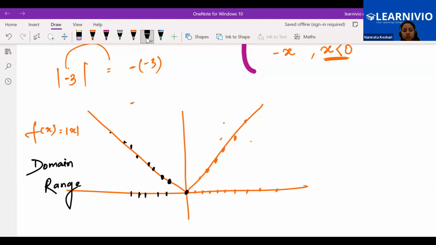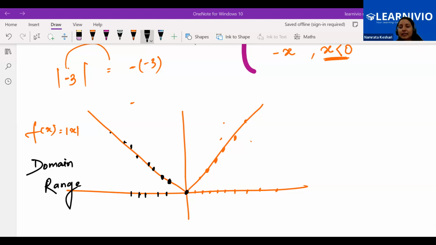First tell me the domain. What is the domain? Yes, domain is all real numbers.